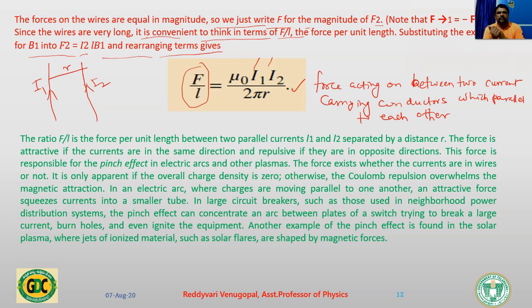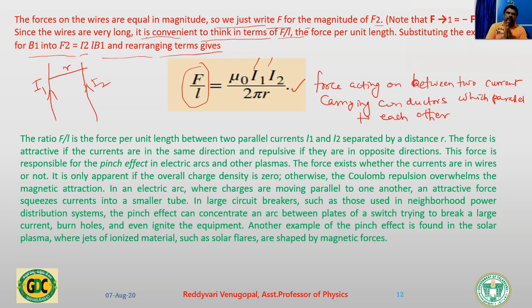Then we used that relation to find the force acting between two straight current carrying conductors carrying currents I1 and I2, with distance r between them. We arrived at the relation force per unit length is equal to mu naught I1 I2 by 2 pi r.